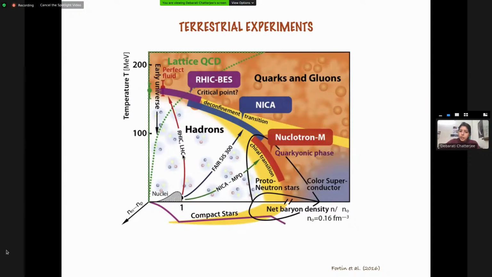These experiments probe matter which is hot and dense, because in the accelerator, heavy ion beams are bombarded against each other, producing very high energies and hot and dense matter. So these densities are a few times that of nuclei, and it is also hot. So these occupy more or less this region of the phase diagram.